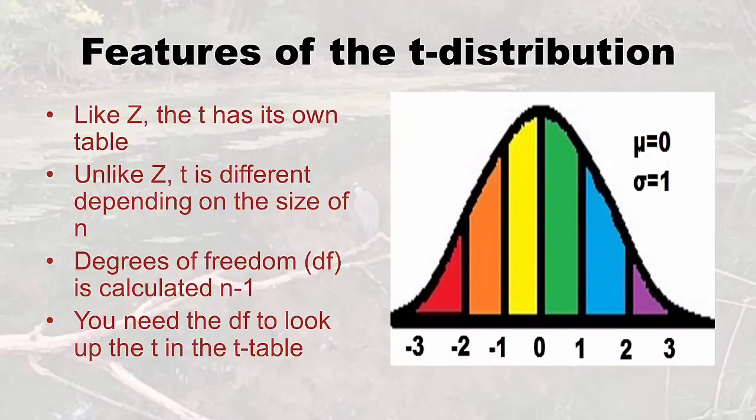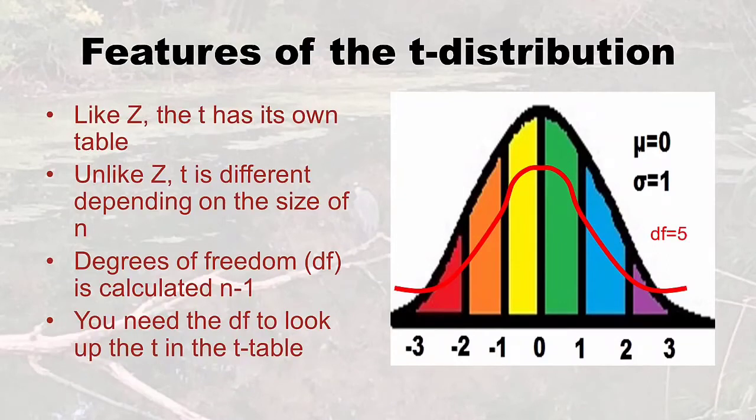For example, if you have degrees of freedom of 3, the curve looks kind of like the Z distribution, but it's shallower. See how the tails are a little thicker? Now here's degrees of freedom of 5, so if your n was 6, your degrees of freedom were 5.